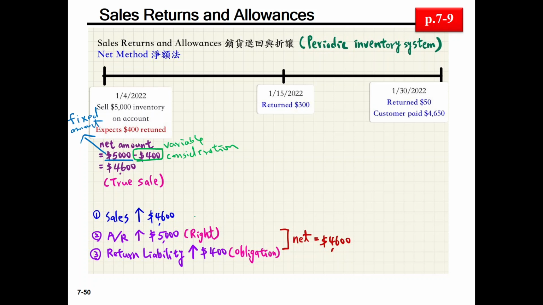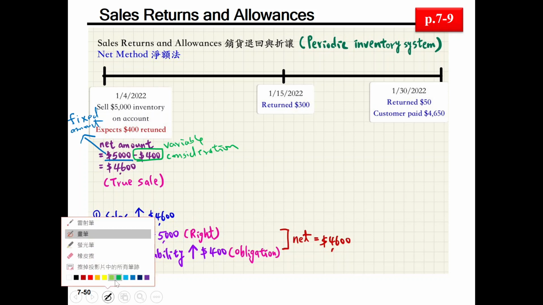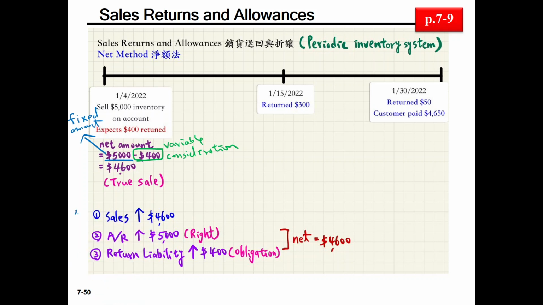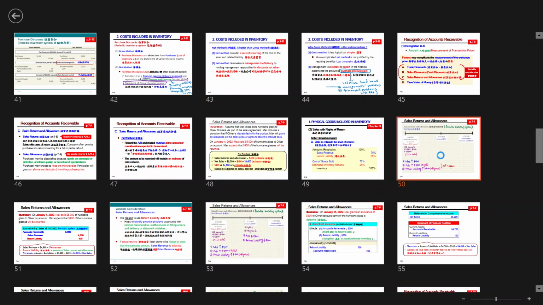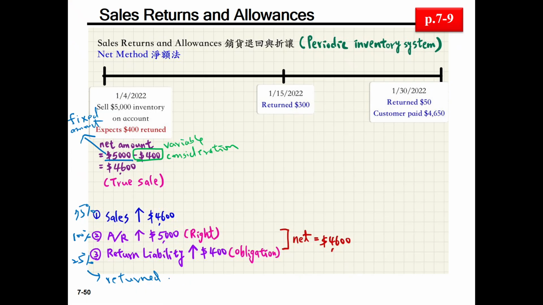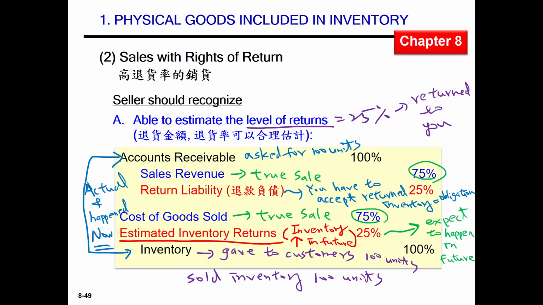If we use percentages, like we've mentioned, this is 75%, this is 100%, and your promise for that 25% is the return inventory. Okay? The question will use periodic. So that's why we don't talk about the second journal entry, because we use periodic. But don't forget, when we talk about perpetual, then you have a second one.